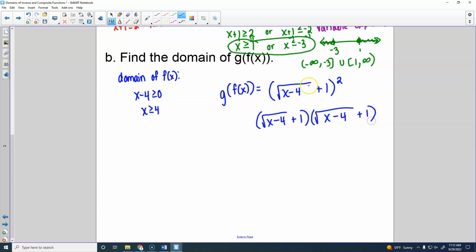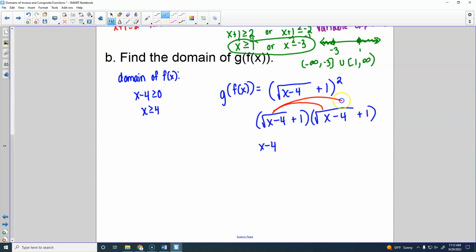So when we have that squared, it means you write that twice. Then you would have to distribute. What is the square root of x minus 4 times the square root of x minus 4? It is just x minus 4, because the square root squared cancels out. You just get x minus 4.